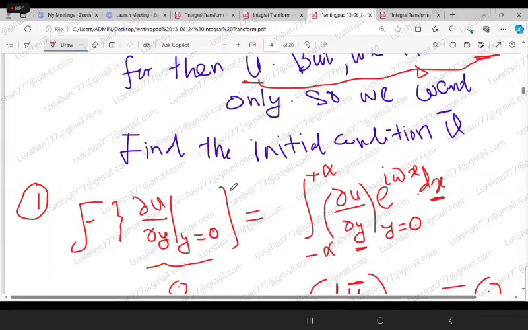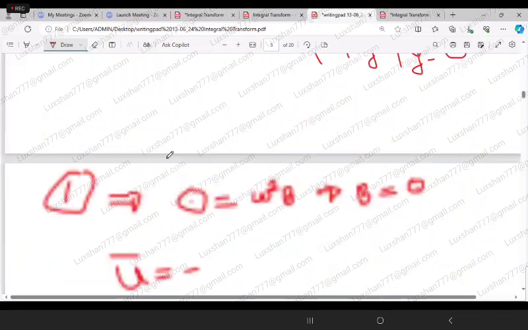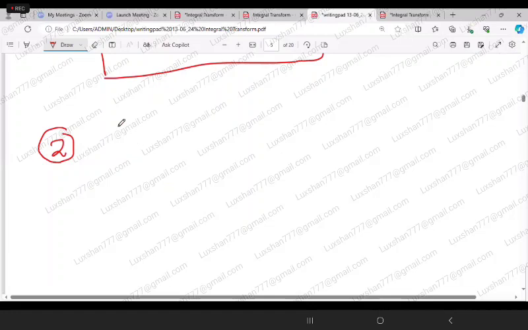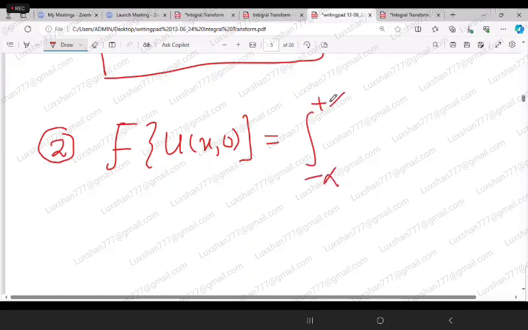Here we are using the second initial condition. We want to find the Fourier transform of u(x, 0). This is equal to the integral from 0 to infinity of u(x, 0) e to the power i omega x dx.